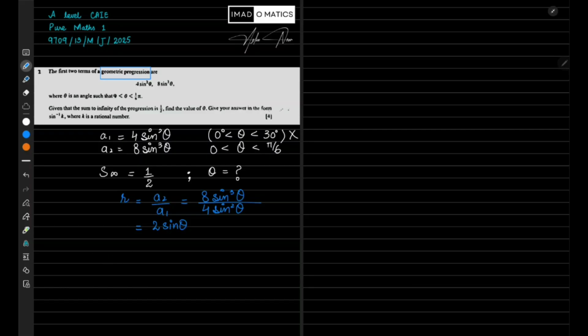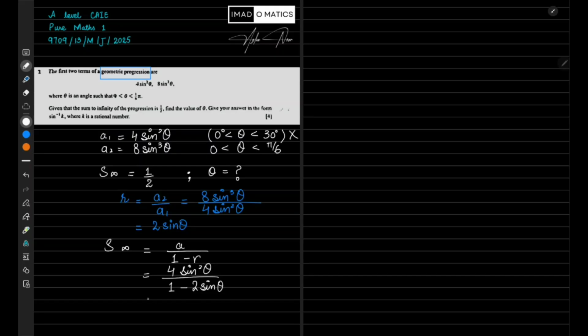Now let's write down your sum to infinity formula. What is sum to infinity? Sum to infinity is a over 1 minus r. So a is the same as the first term, A1, that is 4 sine square theta. And 1 minus r is 1 minus 2 sine theta.